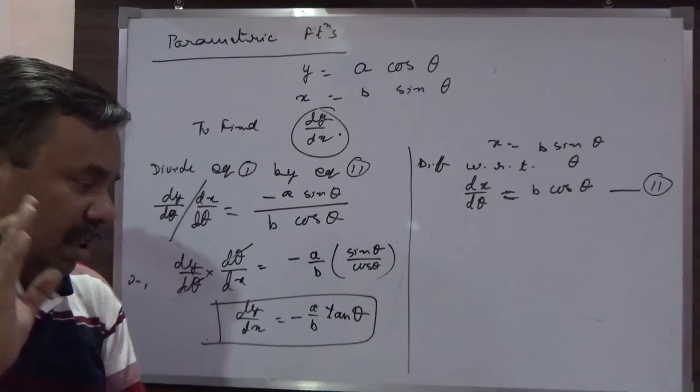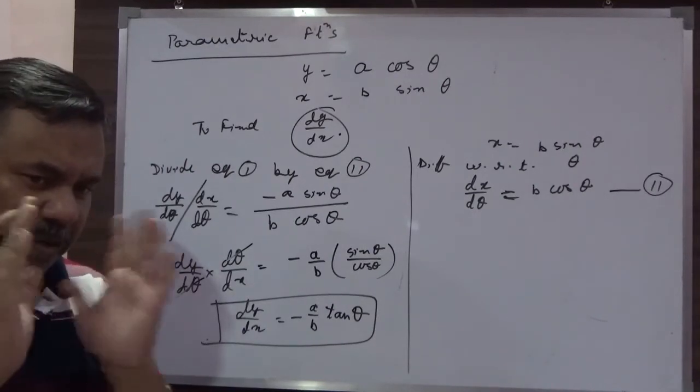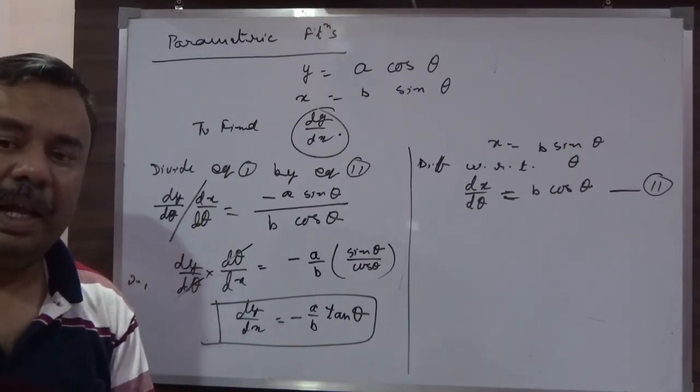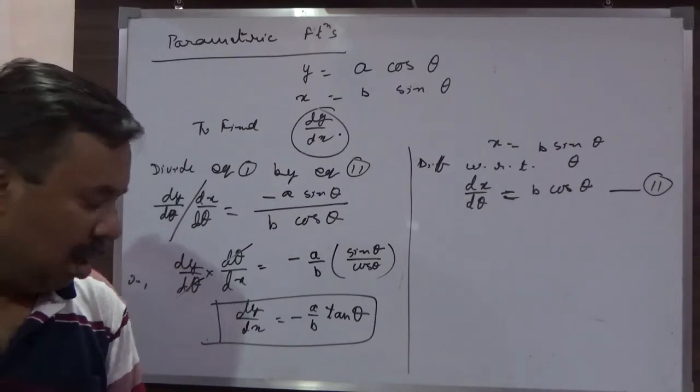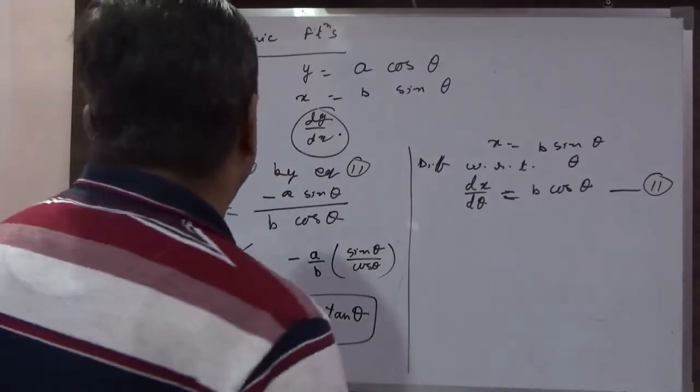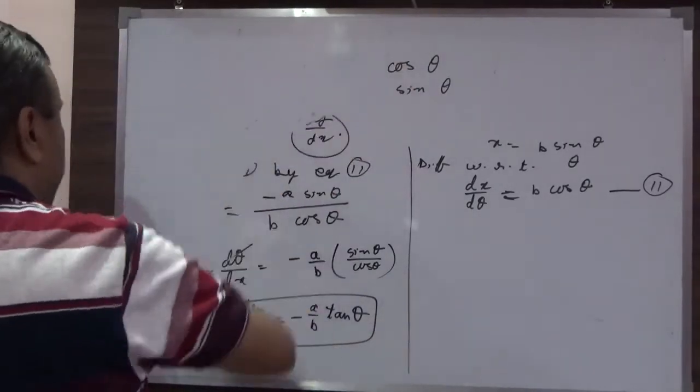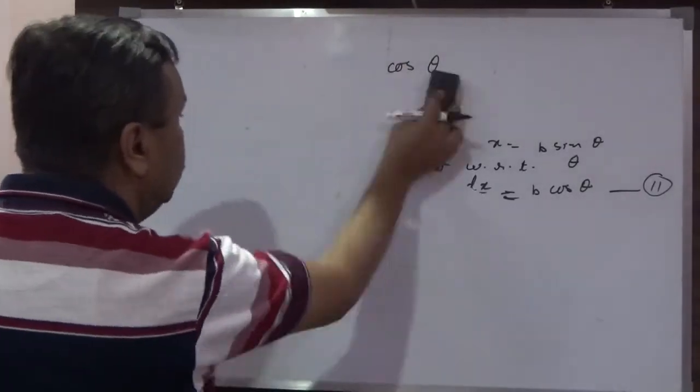Okay, now there is just one more concept, that is the mean value theorem. What is the mean value theorem? That is just a very small part of this chapter.